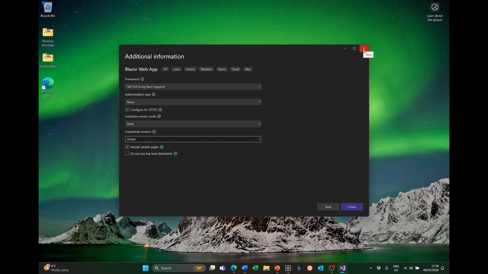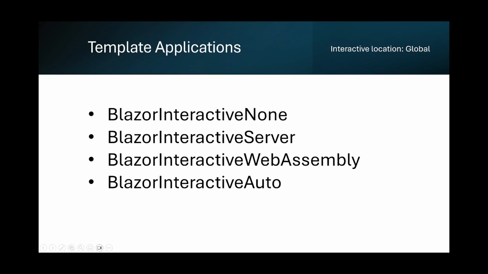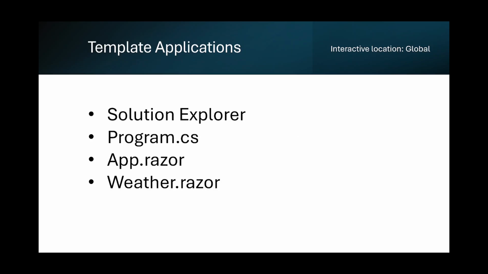As I say, I'm going to be creating 4 and we'll come back to those by looking at screenshots rather than taking you through the individual apps. I have now created the 4 applications from the template, which I have inspiringly called Blazor Interactive None, Blazor Interactive Server, Blazor Interactive WebAssembly, and Blazor Interactive Auto.